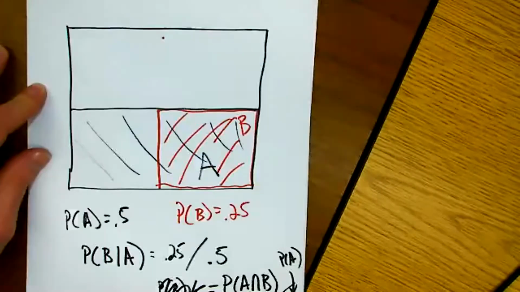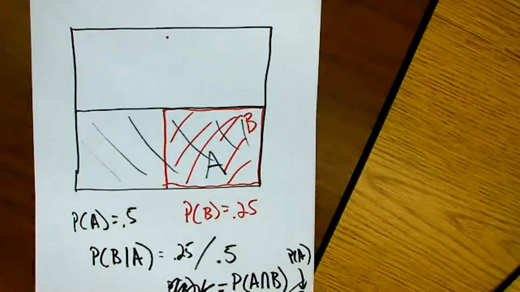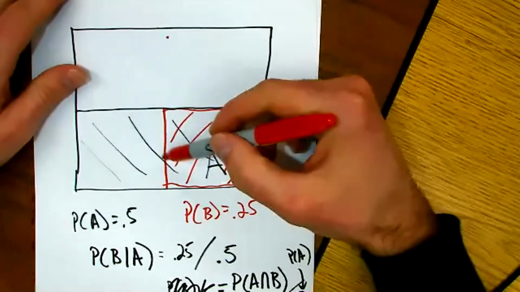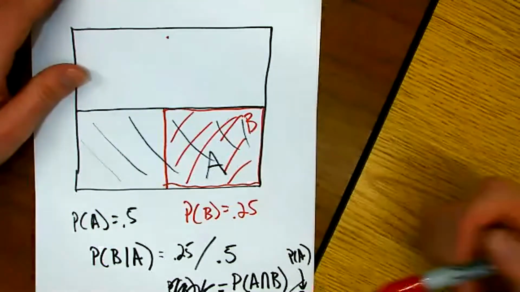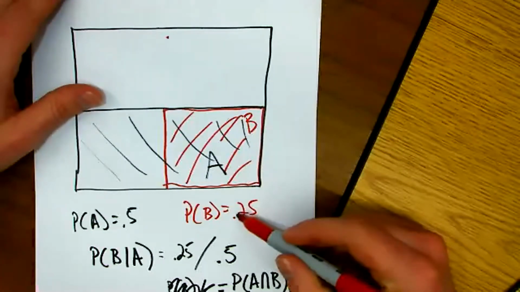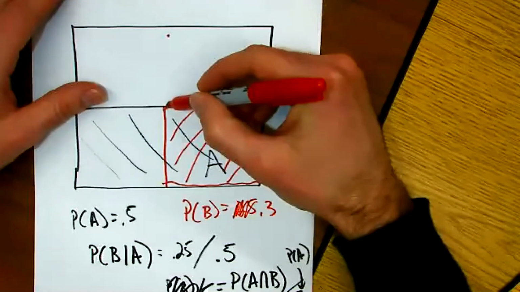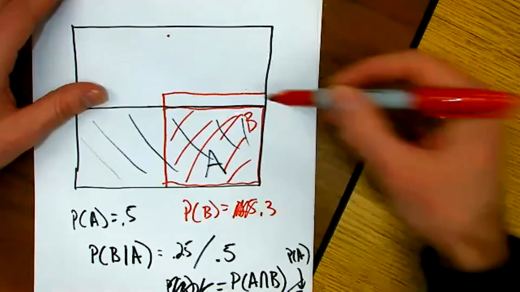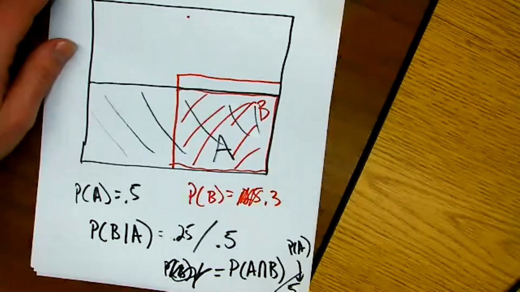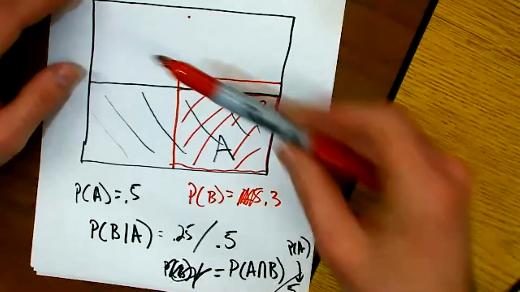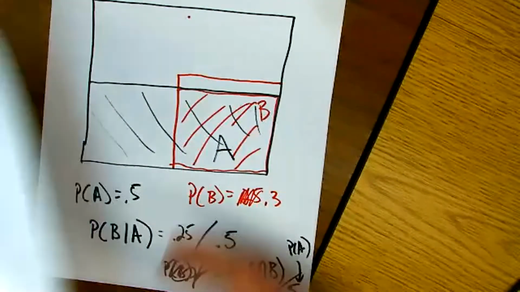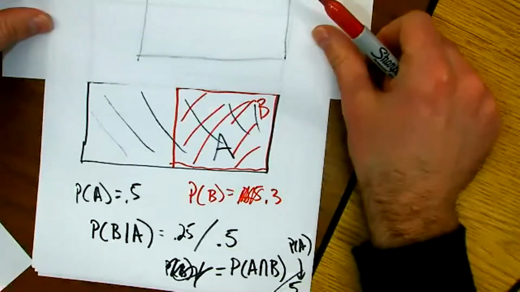Okay? Now I could also have thought about that equation. Let's say instead of just being down here and the probability of B was 0.25, what if the probability of B was something like 0.3, and this actually extended a little bit higher? Well, once I know that A has occurred, none of this is possible anymore.